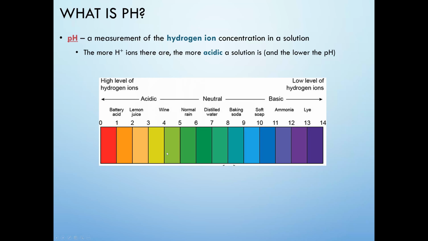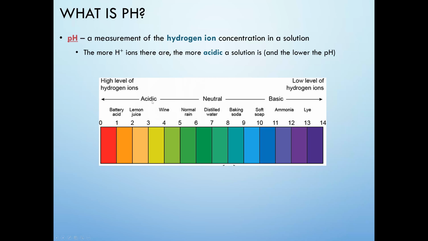The more hydrogen ions that are present, the more acidic a solution is, and the lower the pH. As the pH number gets smaller, your solution is becoming more acidic, and that means you have a higher level of hydrogen ions. The fewer hydrogen ions there are, the more alkaline a solution is, and the higher the pH.